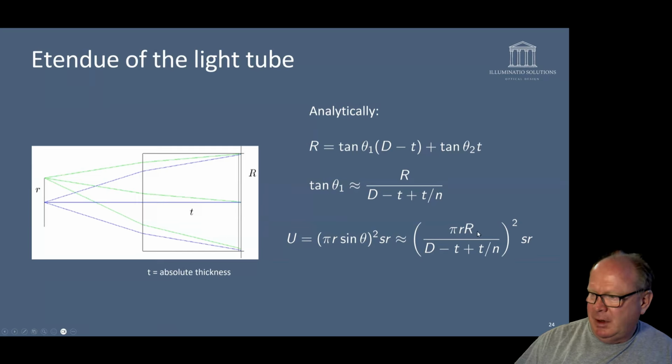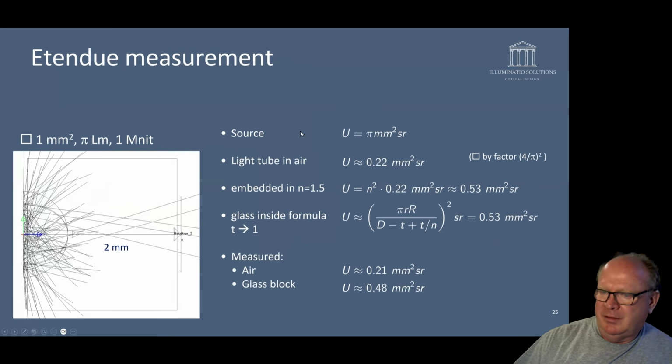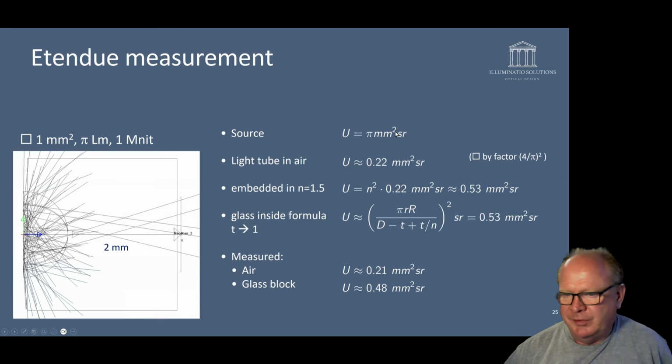So here you have both sides of the light tube, you have the distance, and then you have the thickness of the medium inside. I will show you at the end of the talk a reference where we have published the whole thing. So if I do this, I can estimate some étendues.